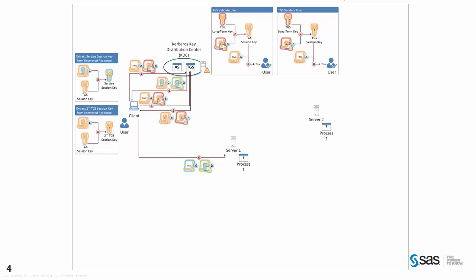In this request, the client sends the service ticket D and an authenticator encrypted with the service session key, G. The first service uses its long-term key to decrypt the first service ticket D and extract the service session key from that service ticket. This service session key is then used to decrypt the authenticator G and validate the user.